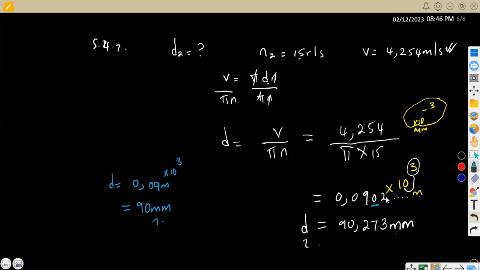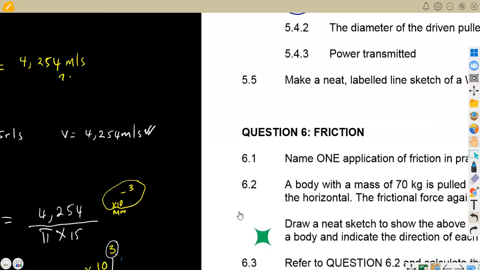But if you are using the value as it is on your calculator, then you multiply that value by 10 to the power of 3, and you obtain a different answer if you round off to 3 decimal places at the end. So this can be a different presentation that you can have. It depends on how you rounded off your answers.